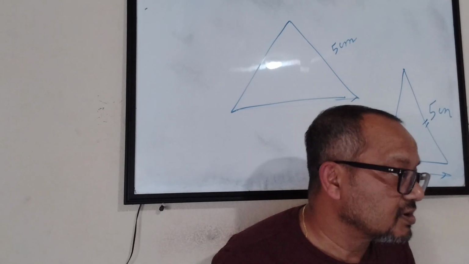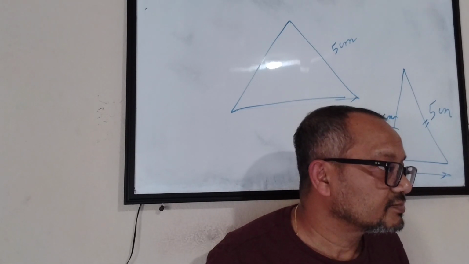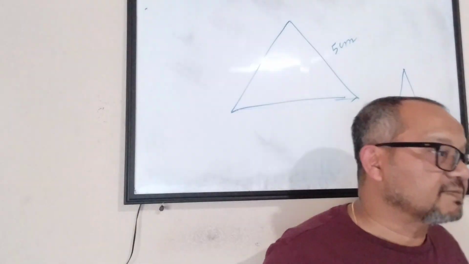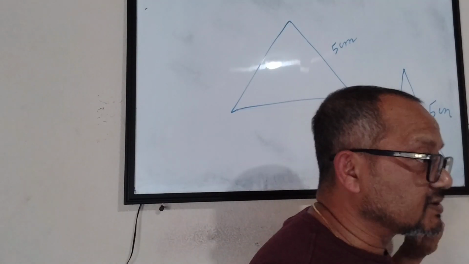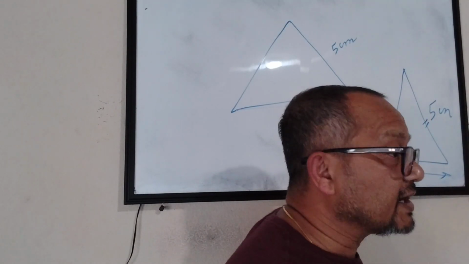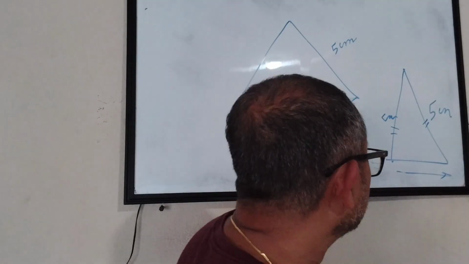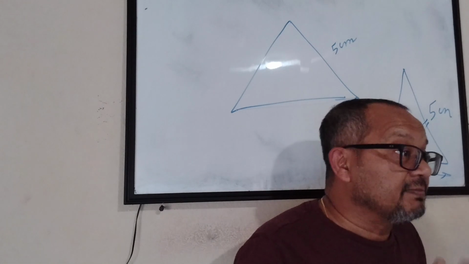We know the perimeter is higher than 10, because the bottom is different. So your simple response would be, I cannot solve this. You give me this length, I can tell you what it is.